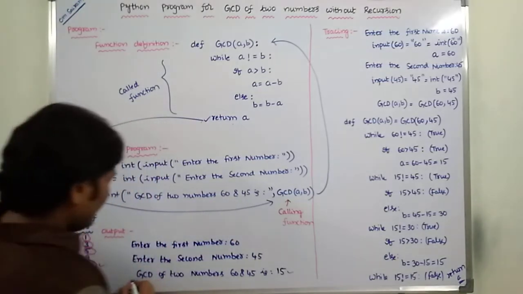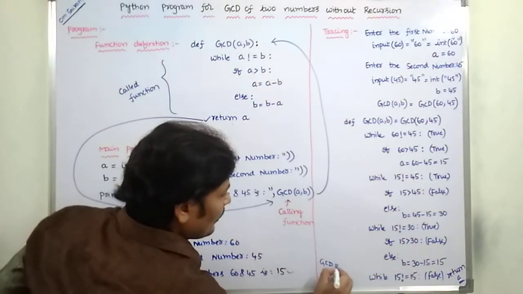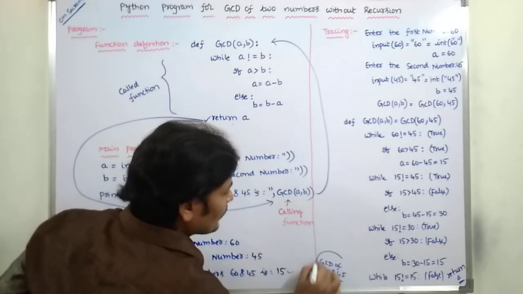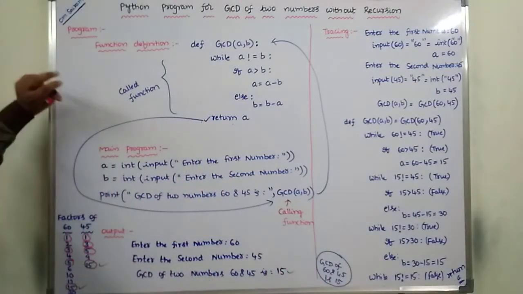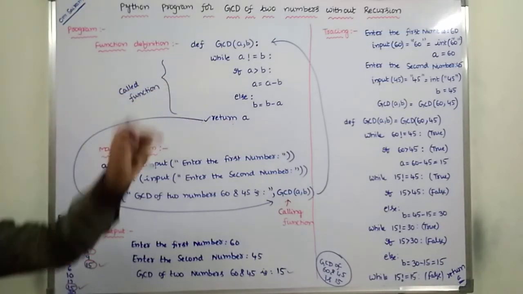So therefore this prints: GCD of 60 and 45 is 15. So this is the statement. Okay, so this is the GCD of two numbers without recursion. Here we are not using any recursion.